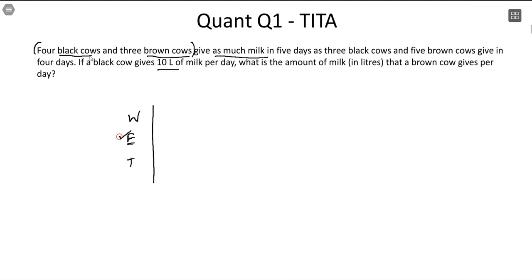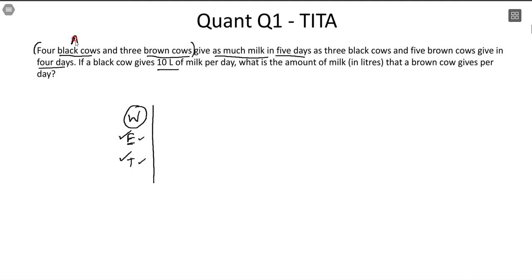So efficiency of the different kinds of workers is different. Time period for which they are working, 5 days here, 4 days here, that is different. But the total amount of work done by them, the total amount of milk given by them is constant. So if total amount of milk given by them is constant, their efficiency into their time should also be equal.